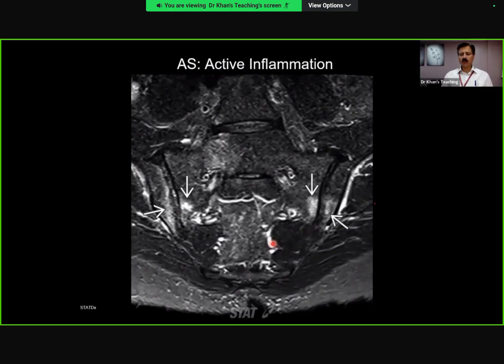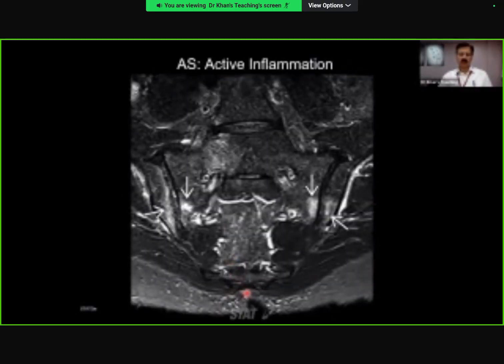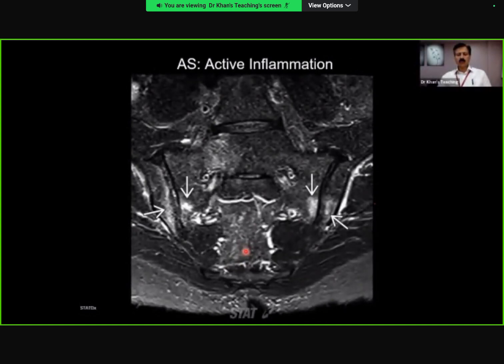If you find bone marrow edema, that is diagnostic for spondyloarthropathy, and this is the criteria from the British Rheumatology Society also. And you can grade it. At an FRCR level, nobody is asking you to grade it, but these concepts are very important. So you can see that on STIR there is high signal.